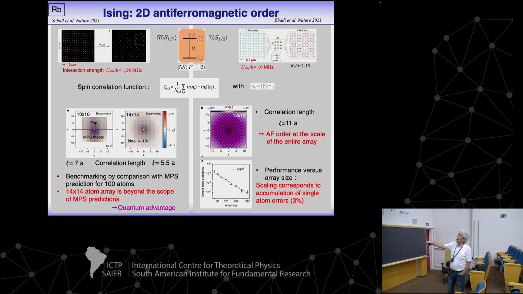And you see that the upper half of the graph is the experiment, the lower part of the graph is the theory, and it's very, very similar, which means that MPS is good to capture the physics of the system, but also that all imperfections included in the model are realistic enough to describe properly the system.